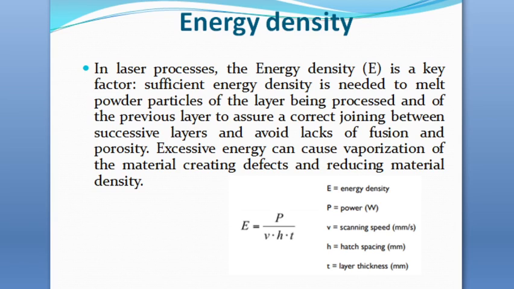It should be optimum. If excessive energy is used in the SLA process, it causes vaporization of material, creating defects. If less energy is used, the successive layers avoid fusion and porosity will be formed.